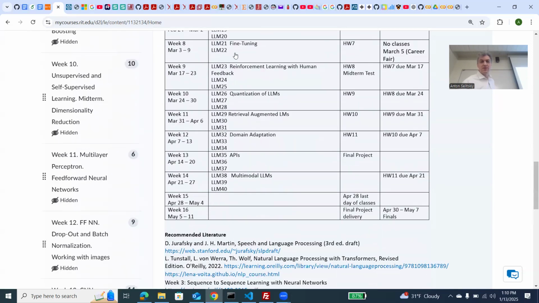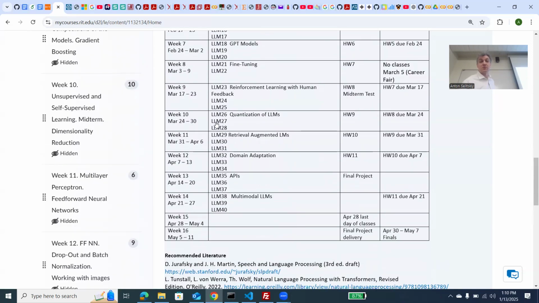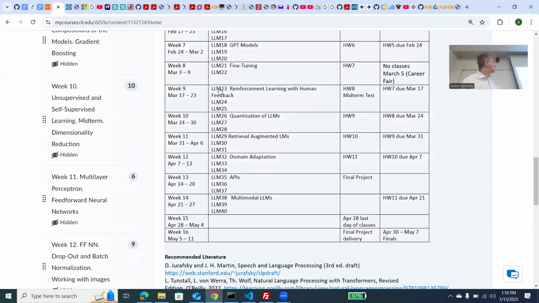The second part will be applications of large language models and fine-tuning. Also, I changed the original syllabus a little bit. I added multimodal large language models as the last topic, like models that work with images and text, not just with text.